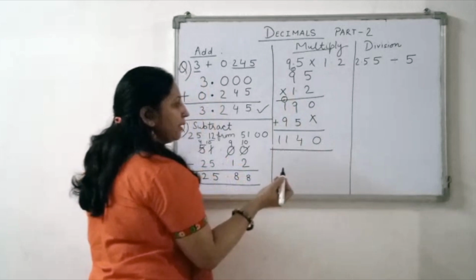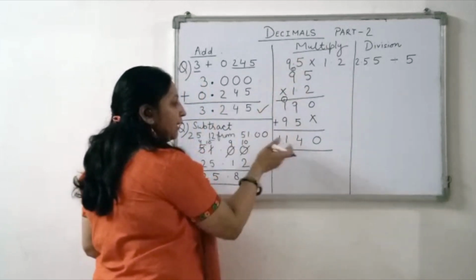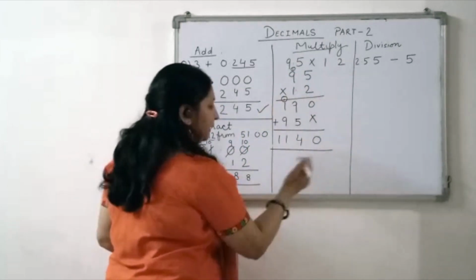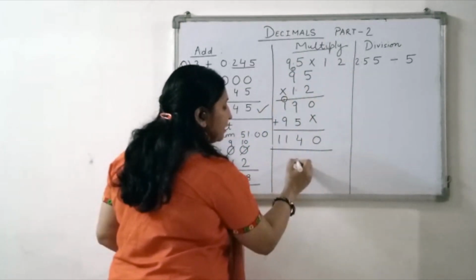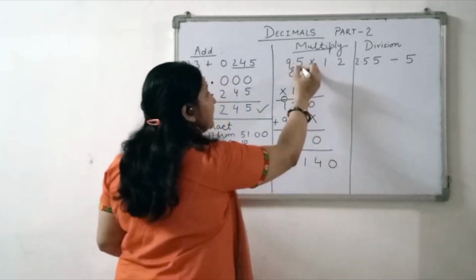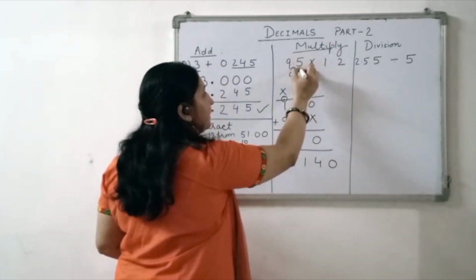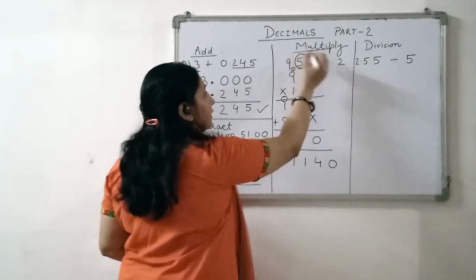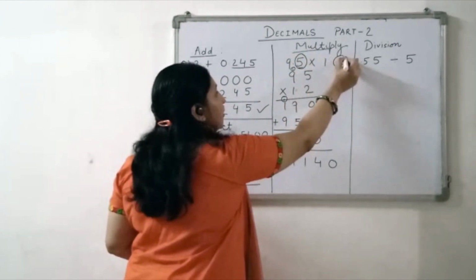So what we see is that the product is 1140. How to write your answer? 1140. You can see here how many decimal places there are. One place, this is one decimal place, and this is another decimal place.